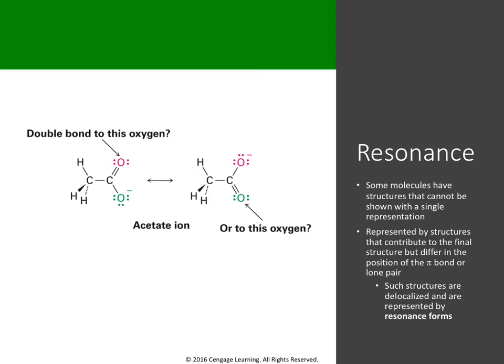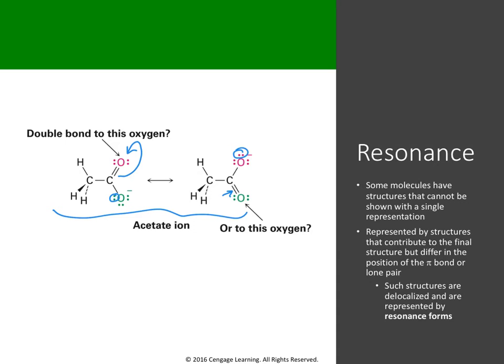So these are resonance structures, and the difference between them is that this lone pair has become the pi bond here, and this pi bond became the additional lone pair on the oxygen atom.